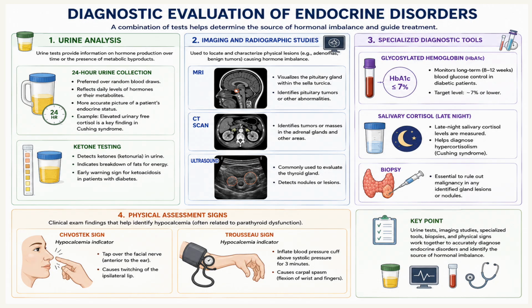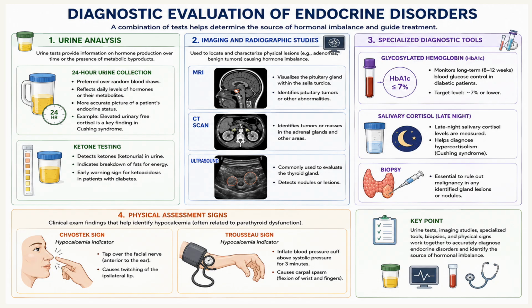Now, finally, the physical exam that we do, the actual assessment, can provide valuable diagnostic clues. Physical assessment, big one. For example, the Chvostek sign, which is a facial muscle twitching triggered by tapping the facial nerve, or the Trousseau sign, which is a carpal spasm induced by inflating a blood pressure cuff on the upper arm.